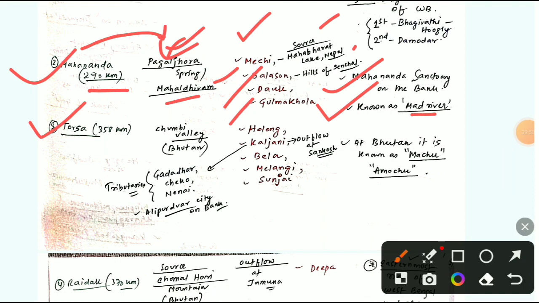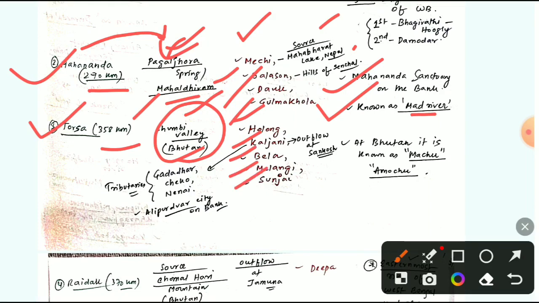Next is Torsha River. Its distance is 358 kilometers, and its source is Chumbi Valley, that is in Bhutan. And tributaries are Holong, Kaljani, Bela, Melangi, and Sunjai. Kaljani outflows as Sankosh. Kaljani's tributaries are Gadadhar, Cheko, and Nanai.